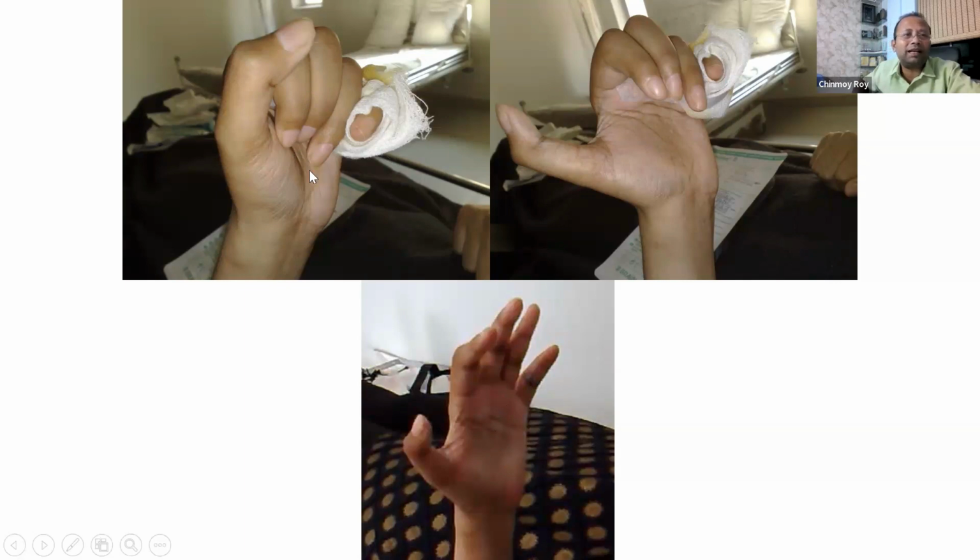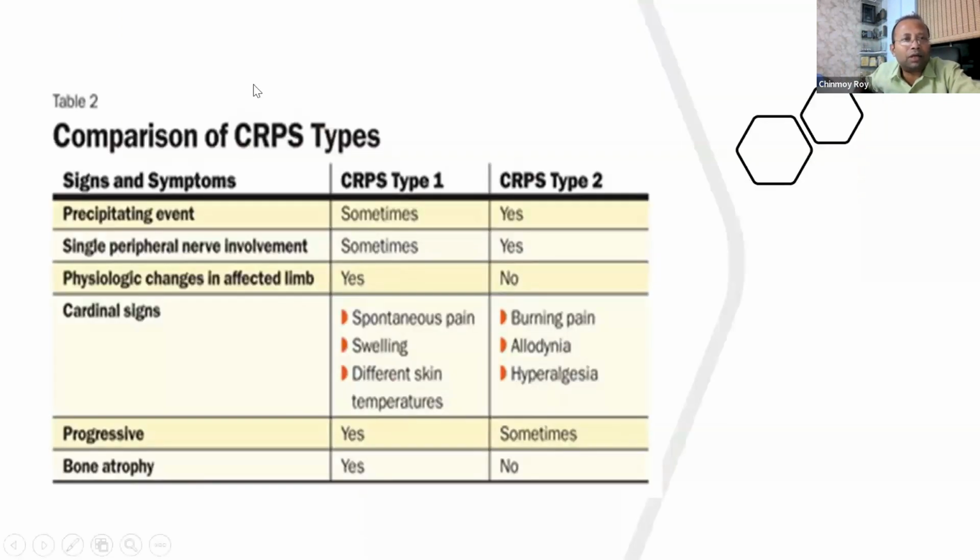This was a late case, and the hand is contracted like this, and the patient had severe allodynia and hyperalgesia. After nearly 1 month of treatment, the patient was like this. We prescribed physiotherapy exercises at home, and the patient went home. The patient was like this, and at least the pain was much less, and the patient was using the hands for small works.